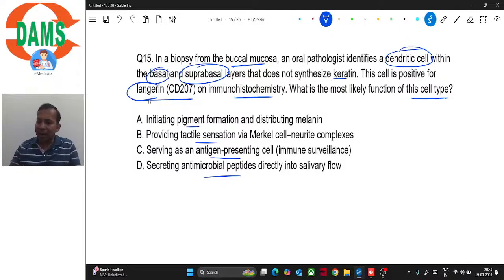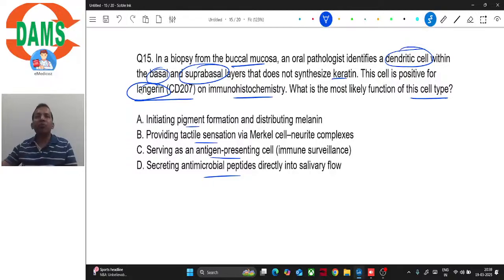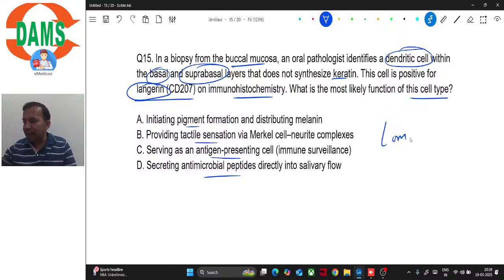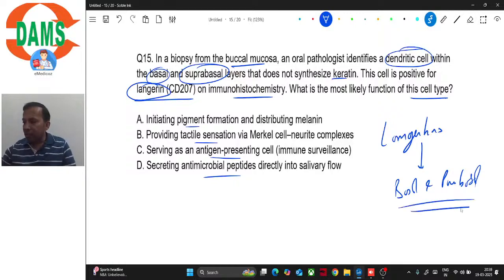Now what is Langerin? So Langerin name itself gives you a hint of the answer. Langerin or Langerhans cell, isn't it? What do the Langerhans cells do? They are antigen presenting cells, and we know that the Langerhans cells are present in both basal and para-basal tissue, isn't it?